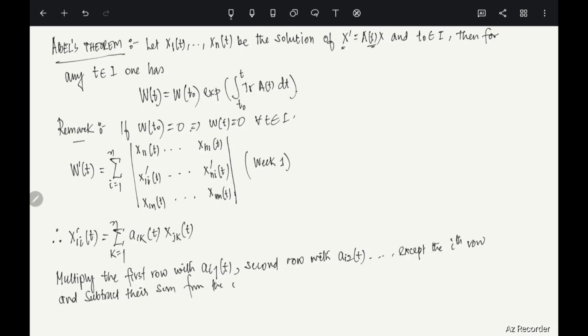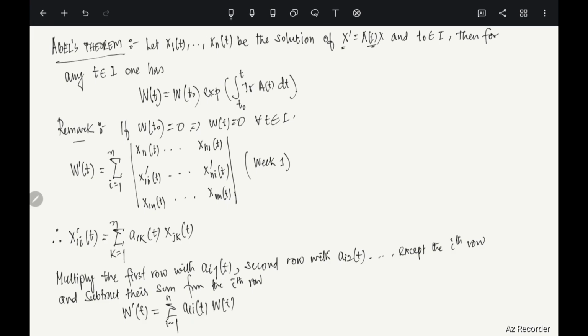Then what happens is you get that W prime of t is nothing but the summation from i equals 1 to n of a_ii(t) times the Wronskian of t.